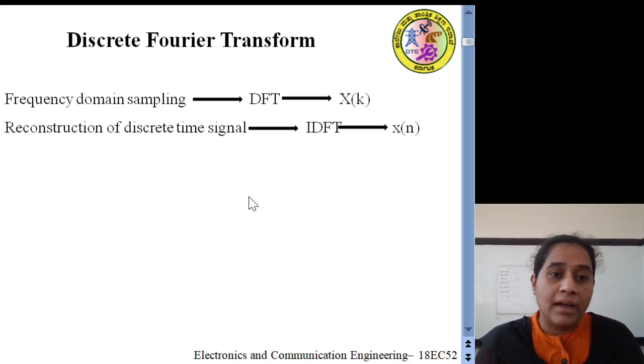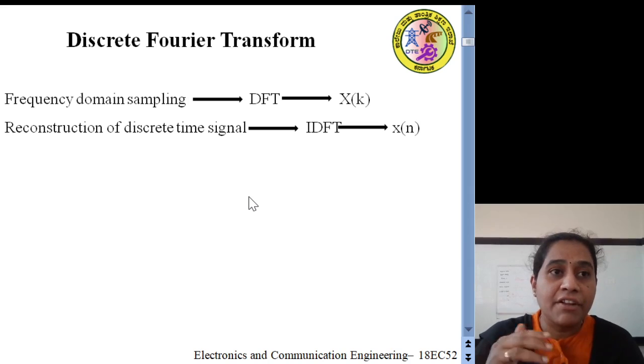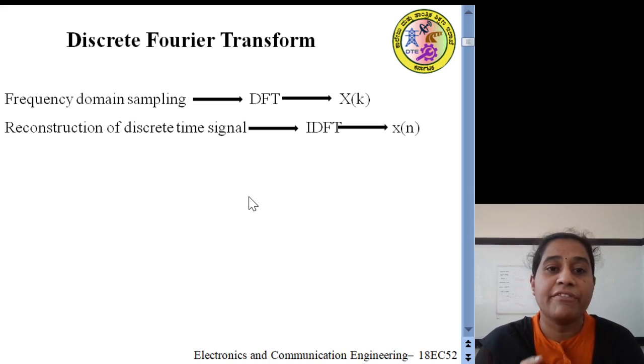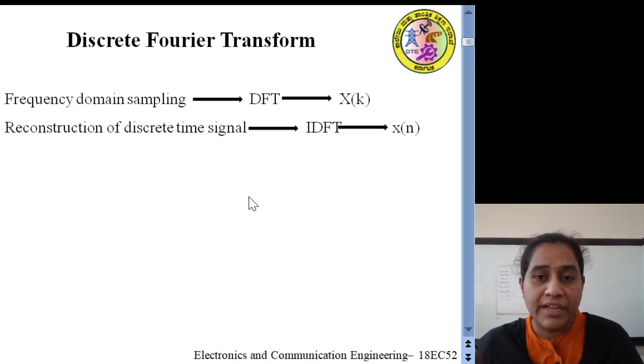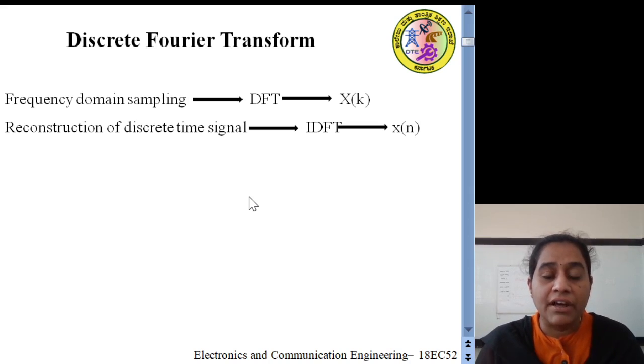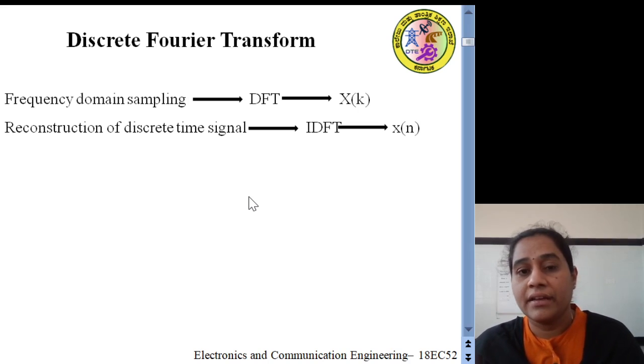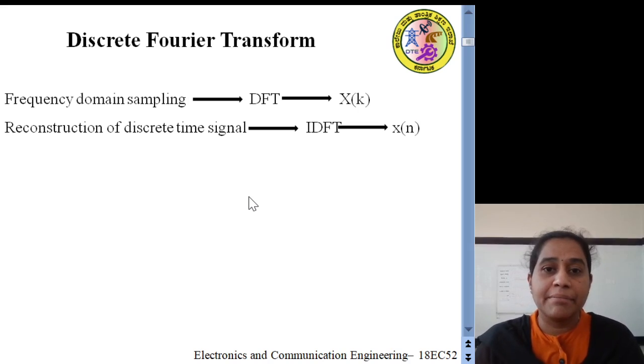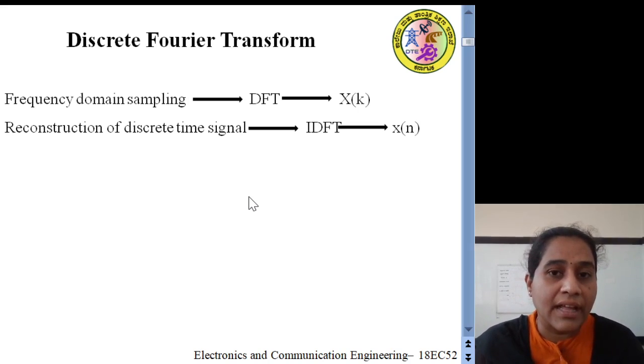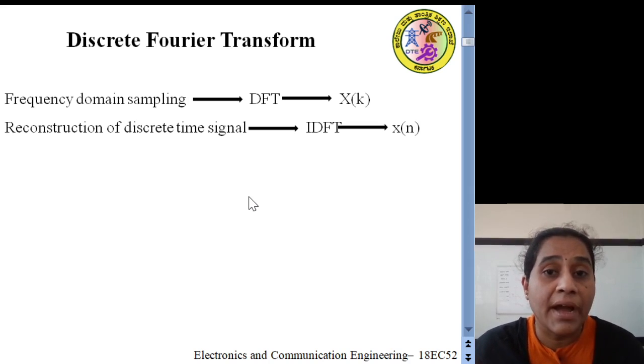But for analysis and manipulation purposes, it is easier for us to work in the frequency domain. So we have to transform from the time domain to the frequency domain. And from basic mathematics, all of us know that the Fourier transform converts from the time domain to the frequency domain.